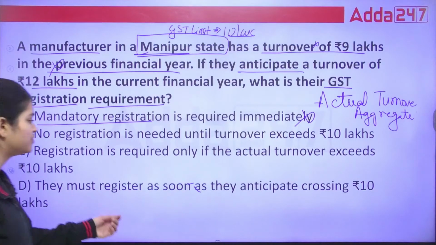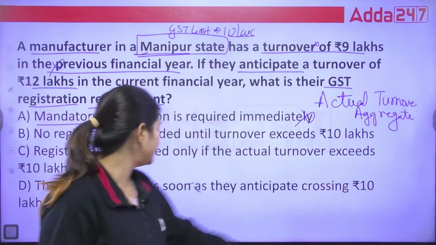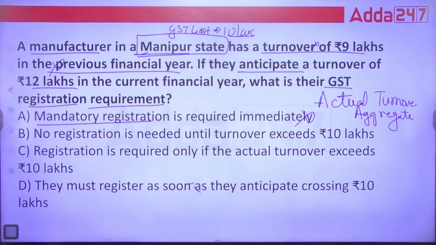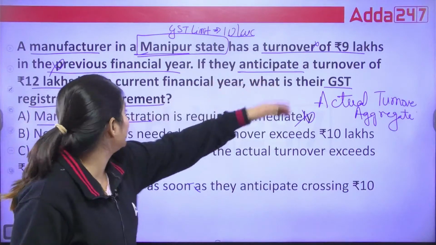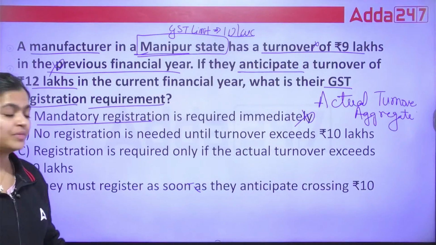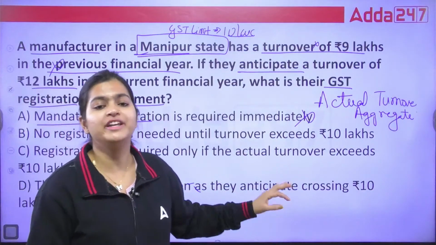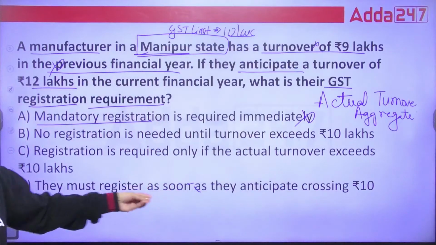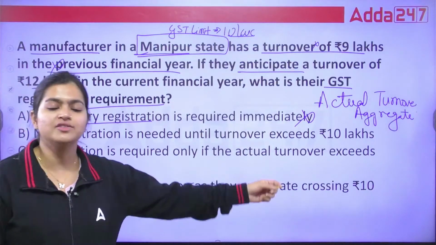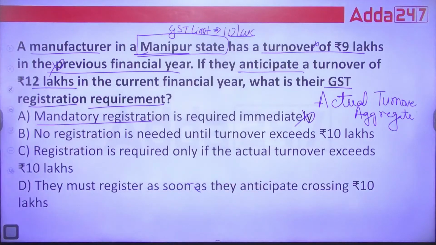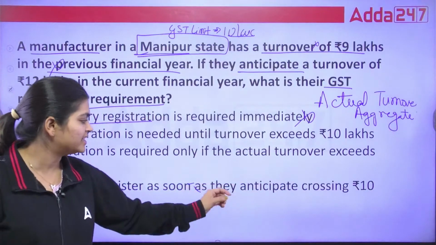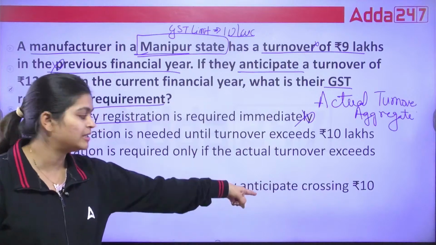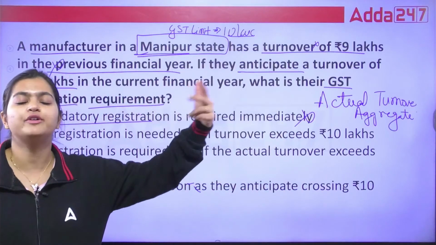They must register as soon as they anticipate crossing 10 lakhs. That is true, but they are asking what their GST registration requirement is. This is correct, but we need to find the most appropriate answer. They will get the registration as soon as they cross 10 lakhs. But here it says as soon as they anticipate crossing, and anticipate means they are thinking from a budget point of view.